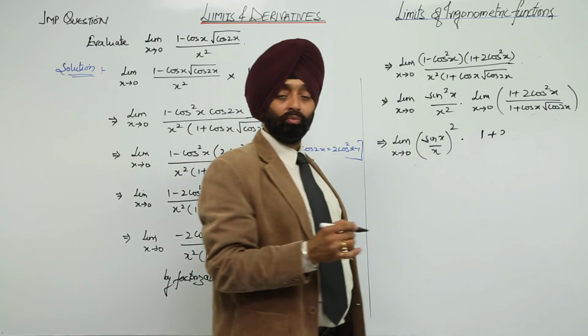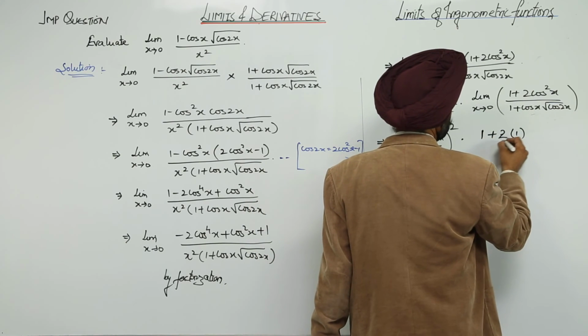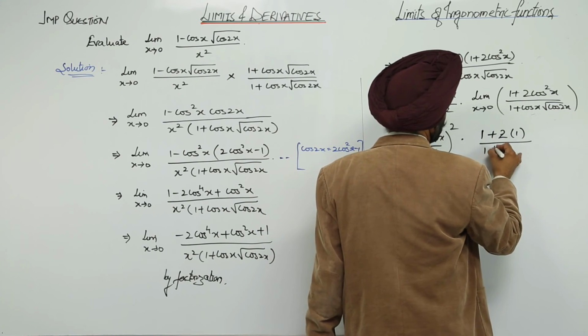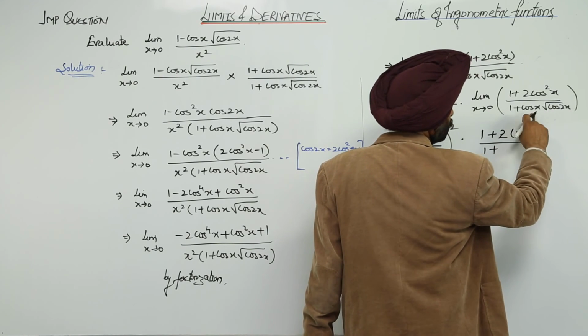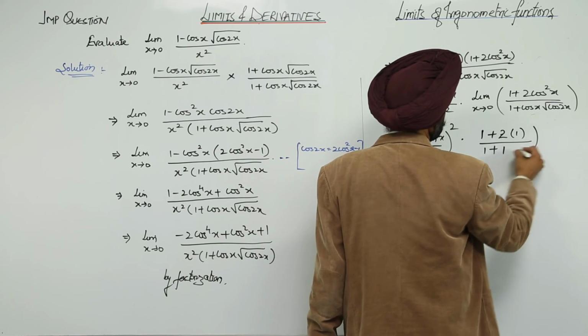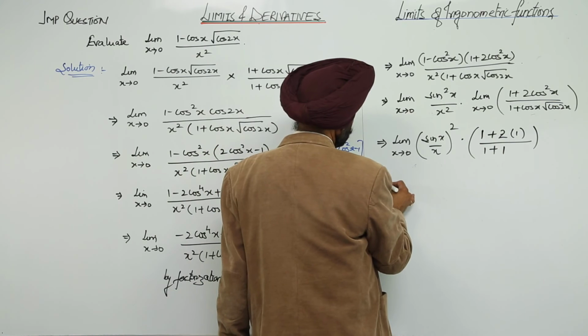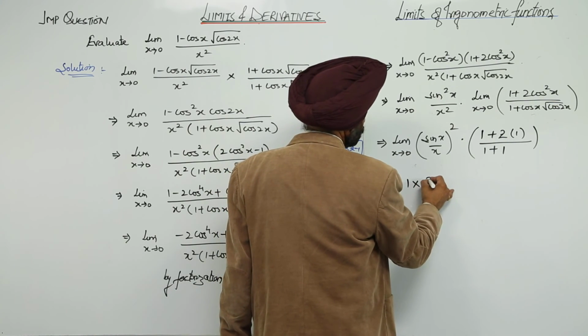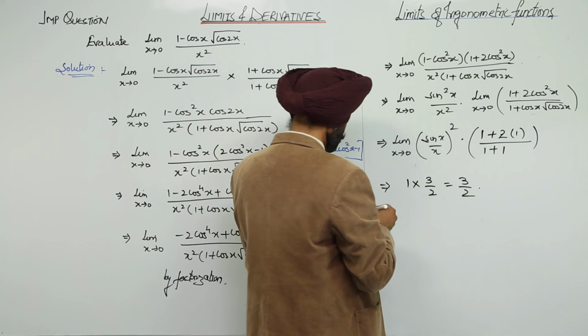What is cos 0? That is 1. So 1 plus 2 times 1 upon 1 plus cos 0, which is 1, so 1 times 1, that is 1. Okay. So now this becomes 1 times 3 by 2 is equal to 3 by 2.